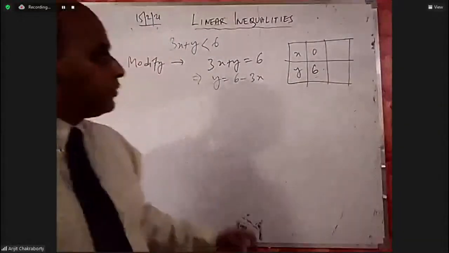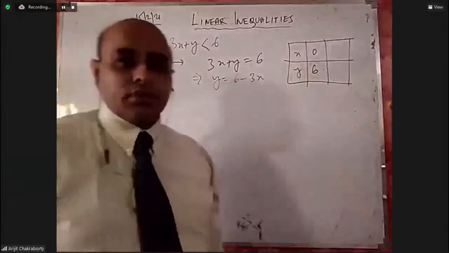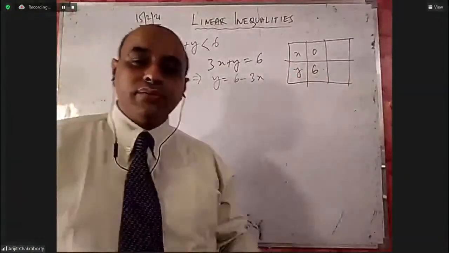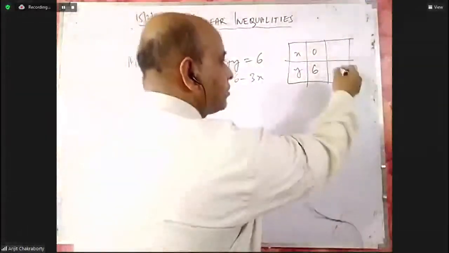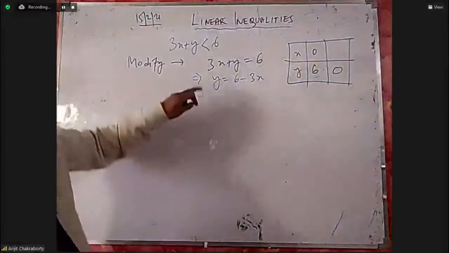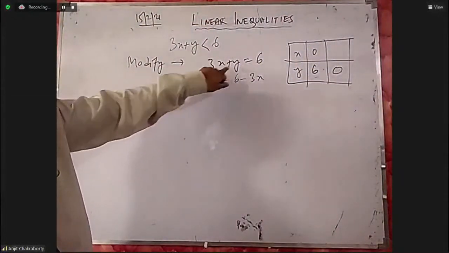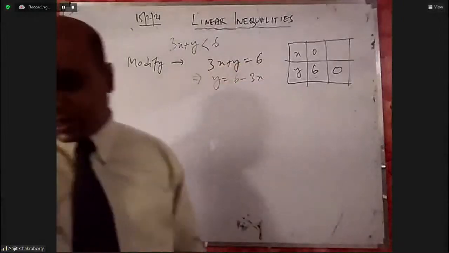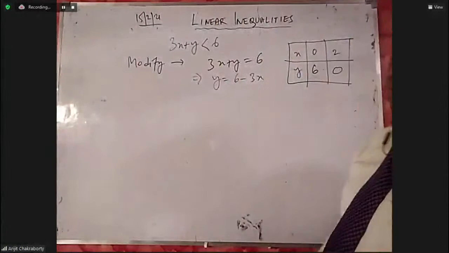And the other condition is if y is equal to 0. In the first example I took x equal to 0, but now if y is equal to 0, then 3x is equal to 6 and x becomes 2.